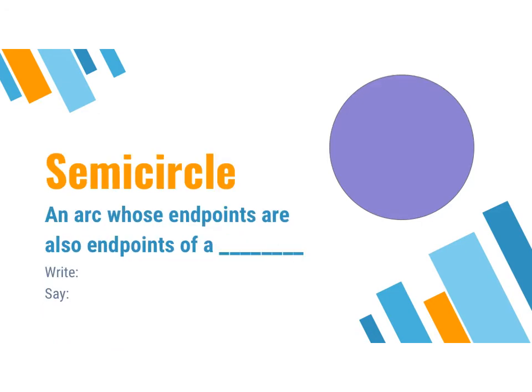A semicircle then is an arc whose endpoints are also endpoints of a diameter, meaning it's cutting that circle exactly in half. So if I had an endpoint here and I had an endpoint here, and my center was here, so I know for sure that it's a semicircle. If I said this is x, this is y, I need one more point somewhere in there. So I'm going to put z there and I'm going to put w here.